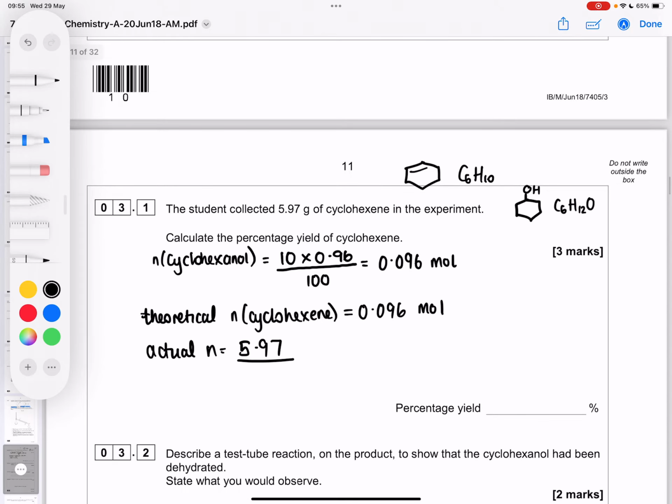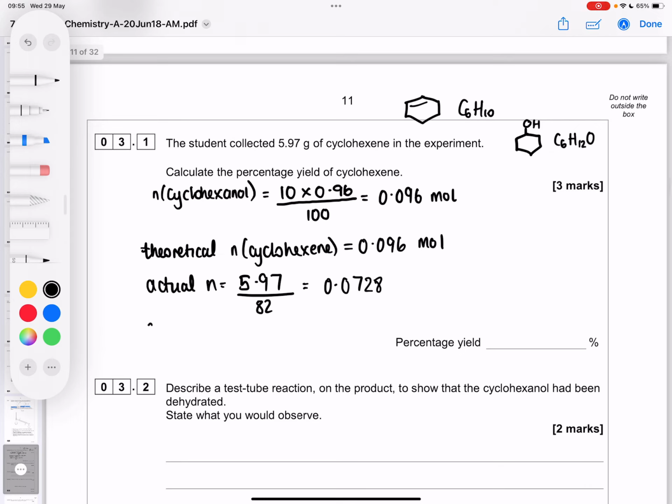If we add that up on our calculator, we get 82. So we calculate those moles, 0.0728. And then we express this as a percentage, and we're getting 75.8%.